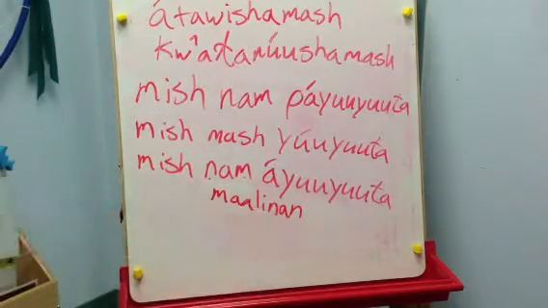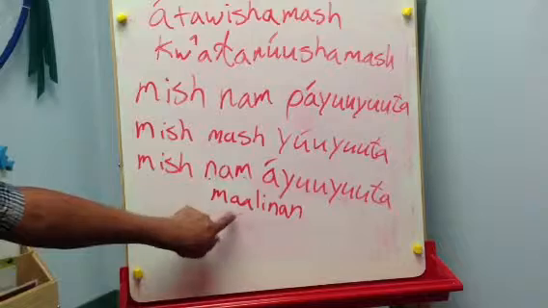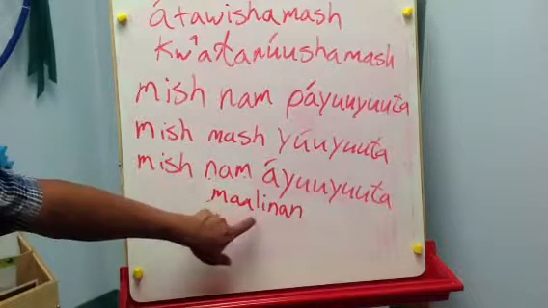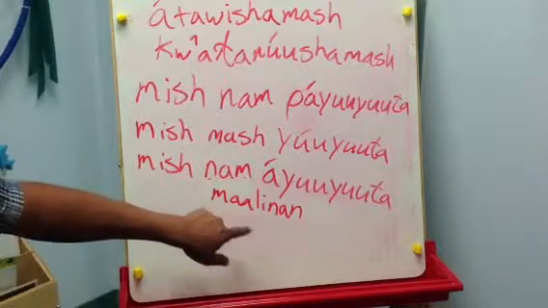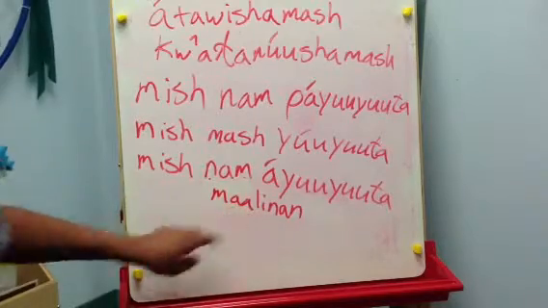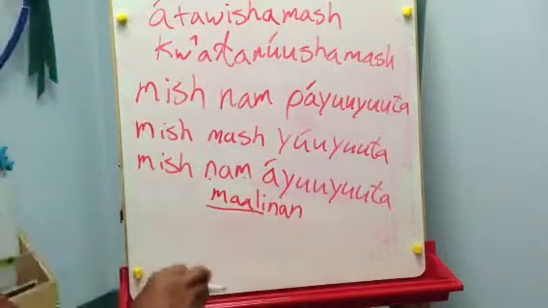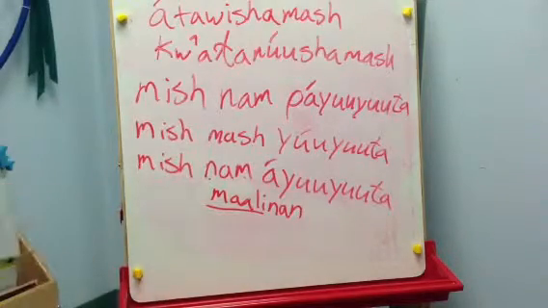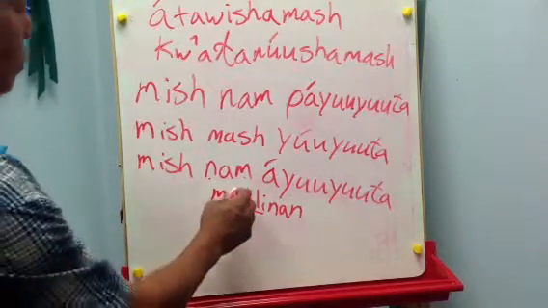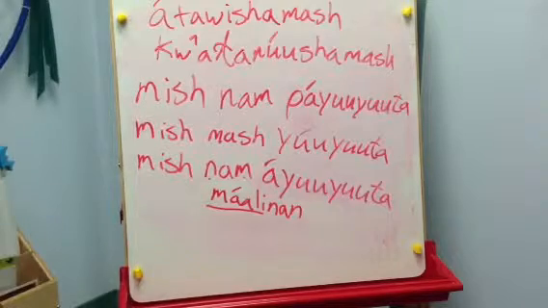Will you call Mary? Mary, you could say Mali, because we don't have an R, so you could say anybody's name right here, but you add the non at the end. Mishnam ayuyuta malinan. Will you call Mary?